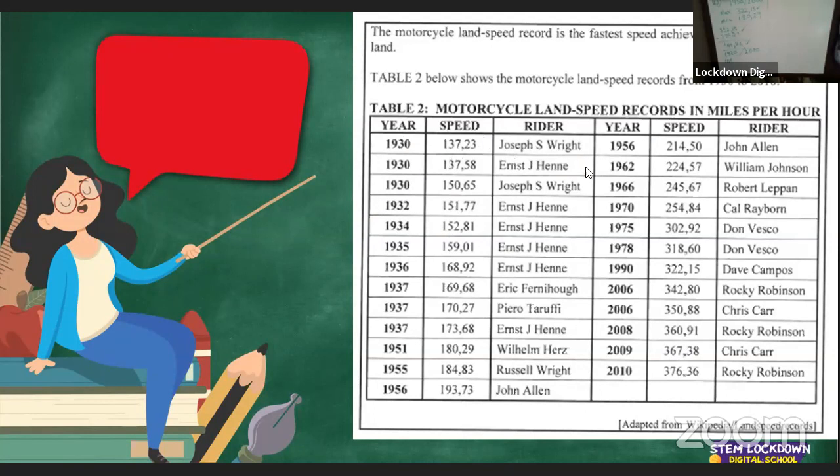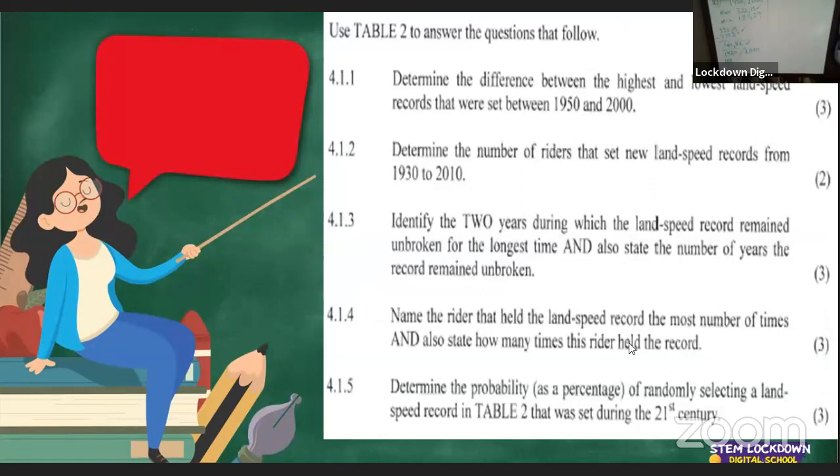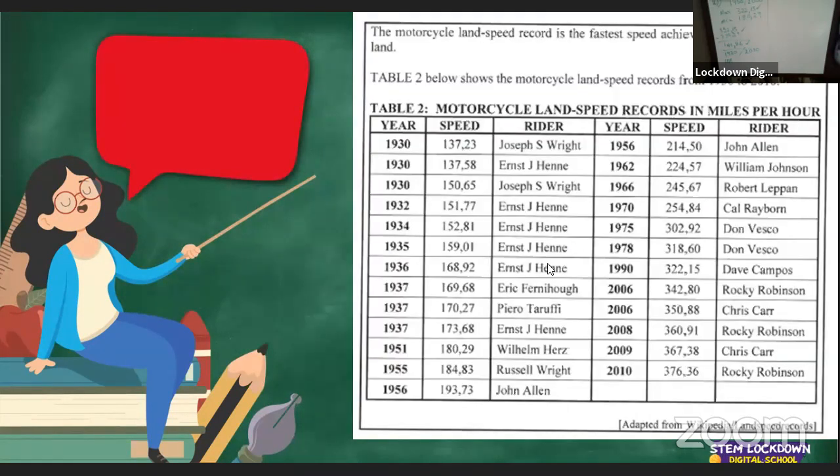so basically what I'm seeing from this question, guys, since he says determine the number of rides that set new lane speed records from 1930 to 2000, all of these are new lane records. Why? Because each year, as you can see, each preceding year has a number that is bigger than the previous one.